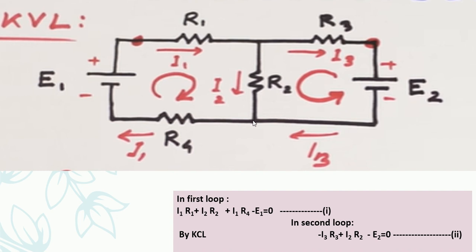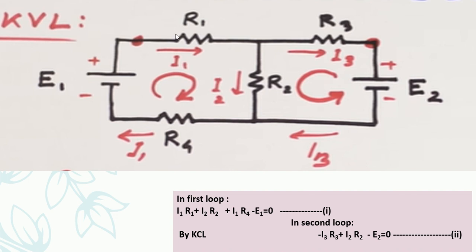Again at this node, I2 plus I3 becomes I1, which goes through R4 and comes back to this point. So if we measure the voltage drop by following the path of the current flow, then the voltage drop will be taken as positive.